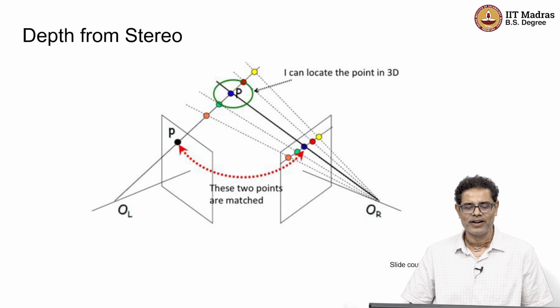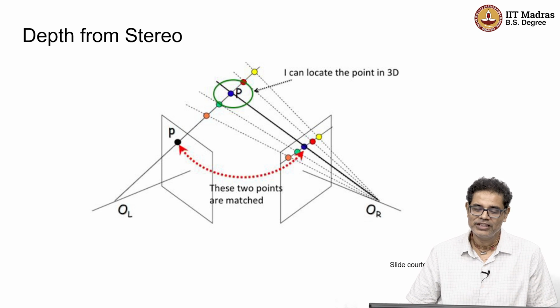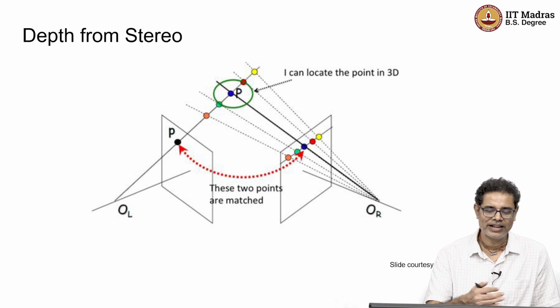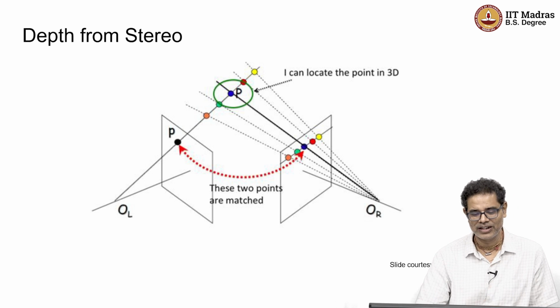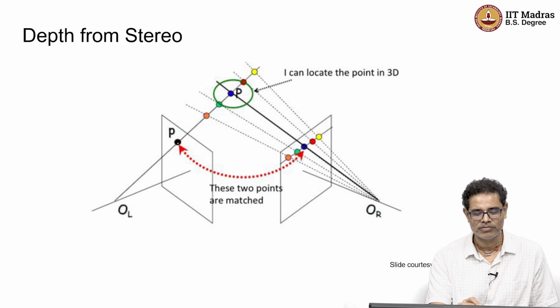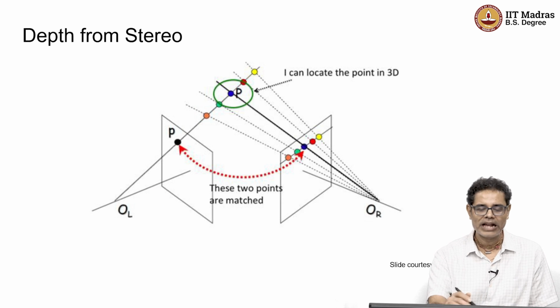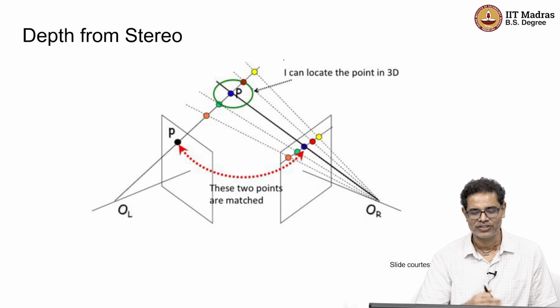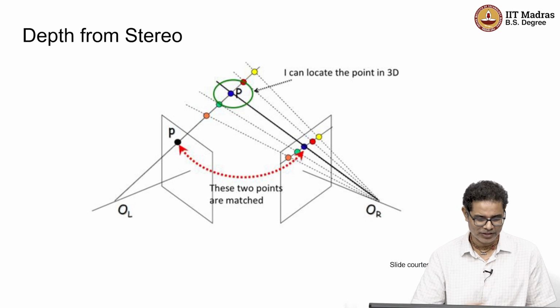So this basically says that we need two images. Given only one image, let's say only the left image, if I look at this point P, all I can say is the 3D point corresponding to it must be somewhere along this 3D line joining OL and P, but I will not be able to say where exactly. So the depth is ambiguous.